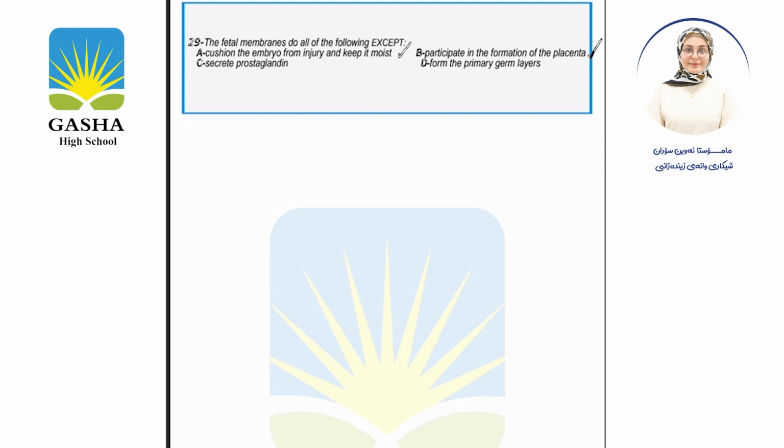C, secreting prostaglandin. Yes, also a function. D, form the primary germ layers. The germ layers are produced by the zygote, which is formed by the fusion of sperm and egg. So it's not related to the membranes. So this one is the wrong answer. So the most true answer for question 29 is D.